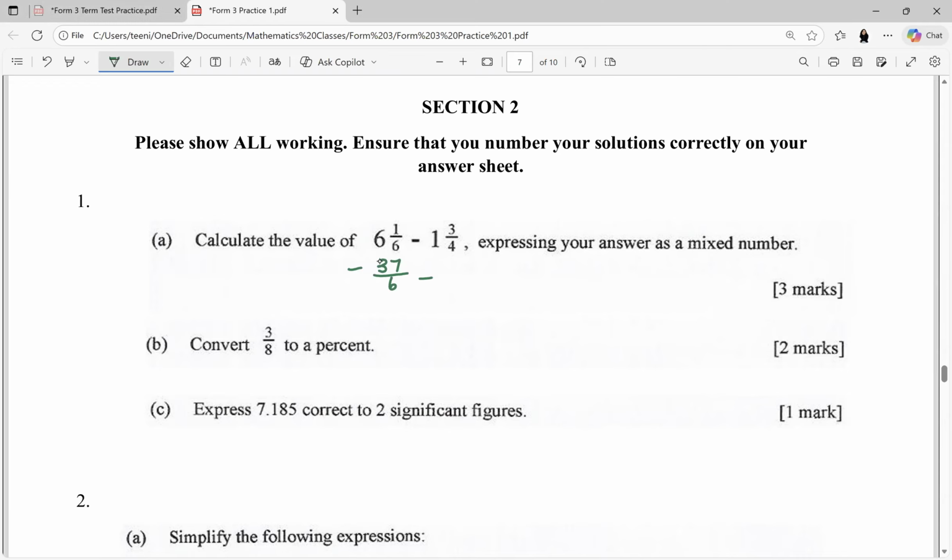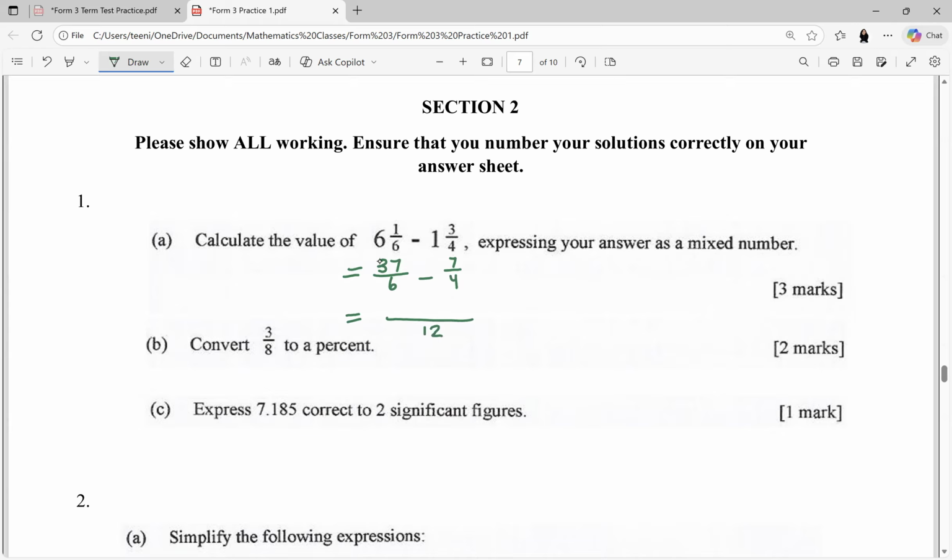Take away 1 and 3/4. 1 times 4 is 4 plus 3, which is 7 over 4. And now, of course, you can only subtract fractions that have the same denominator. So my common denominator here would be the LCM of 6 and 4, which is 12.